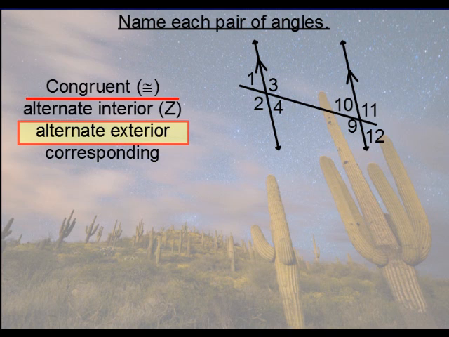So alternate exterior, again, focusing on the interior there, or exterior, we just mean the outer angles. If one angle you're referring to is angle 1, then another angle would either have to be 11 or 12. Remember, it wouldn't be 2 because that would form linear angles.